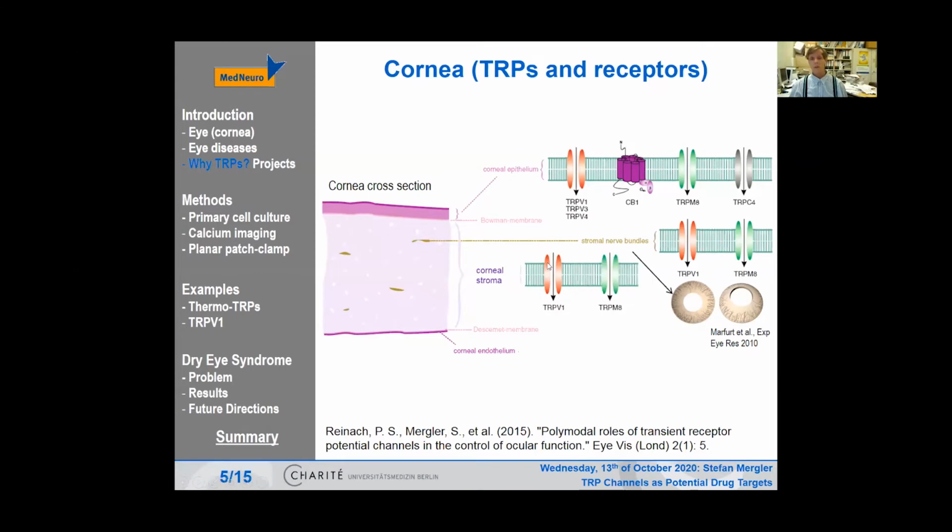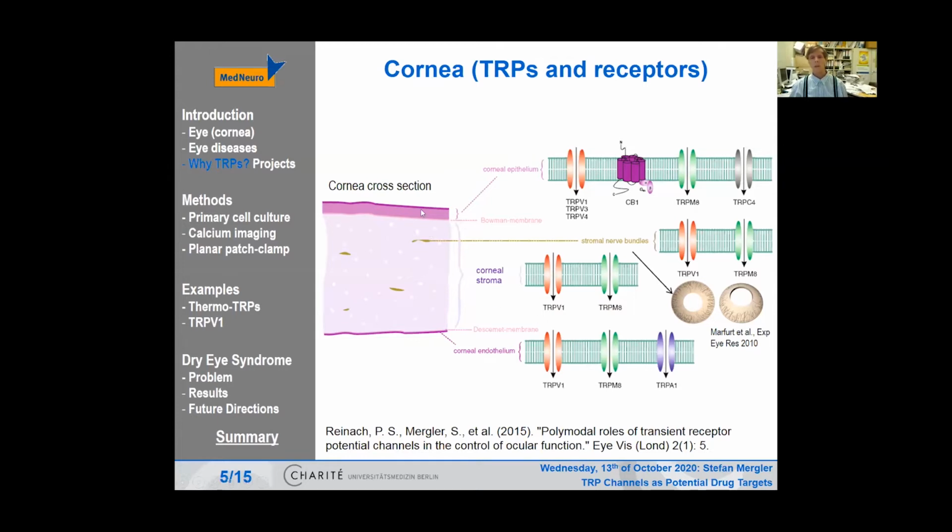Furthermore, in the stroma, 2 years ago we published a paper: we could detect TRPV1 as well as TRPM8 channels in the stroma cells, which are non-excitable cells. Finally, in 2010 came the first paper we published about expression of thermosensitive receptors in the cornea endothelium, TRPV1 and TRPM8, and recently we are preparing a publication about the function of TRPA1 in the cornea.